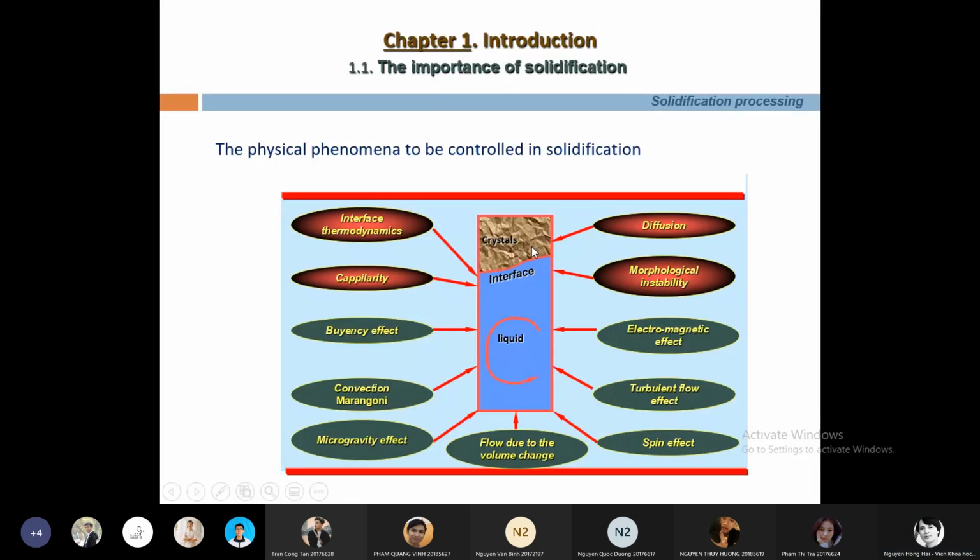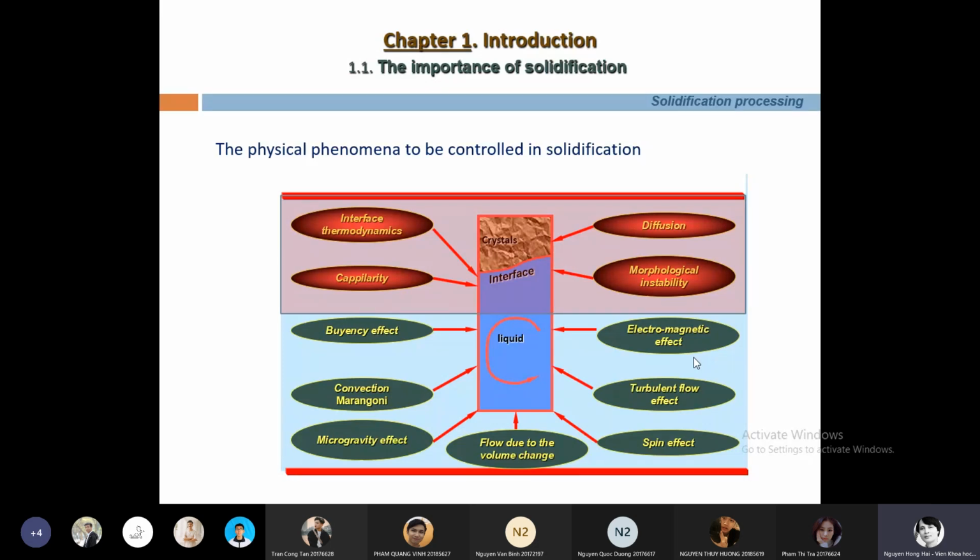Okay, because it is a transformation from liquid to solid, we pay our attention only to four phenomena: interface thermodynamics, diffusion, capillarity, morphological instability. And these other phenomena maybe can be studied in other courses, such as mechanics of fluids and maybe some other courses.